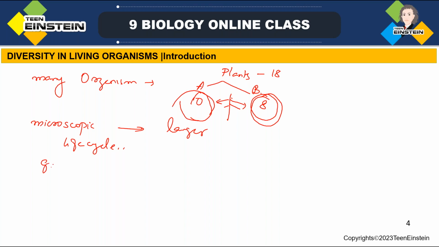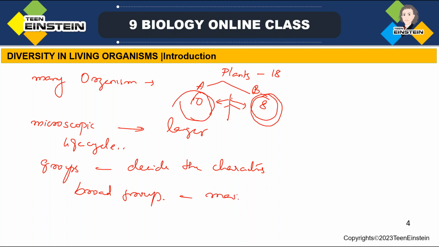So to make groups, we need to decide the characters or the features. We need to find out some more fundamental differences among the organisms, and we need to make broad groups. First we need to make broad groups, and these broad groups are based on the main features.